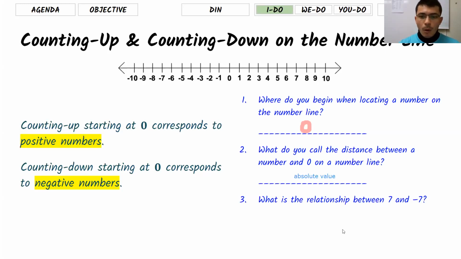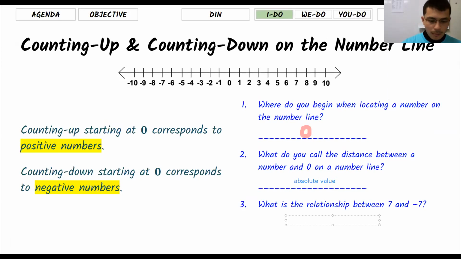So both are 7 units far away from 0. Okay, so these are the things that we talked about yesterday about the number line, and we'll be using this a lot.